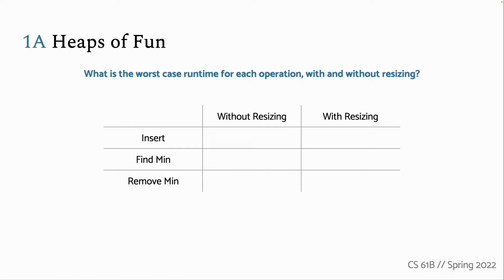When we do that, our operations are going to take a different amount of time because resizing involves copying over all of the elements from the old array into the new array. So I will give you a chance to look over this table and collect your thoughts, and then we'll go over it together.